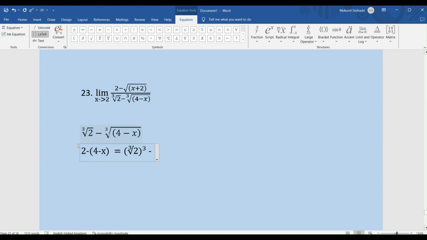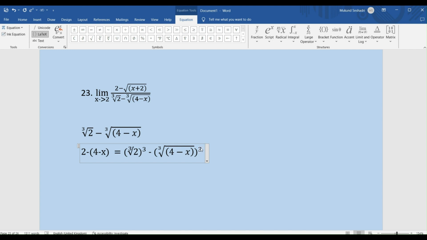And minus, I'm going to rewrite 4 minus x as cube root of 4 minus x, the whole cube, right? So all that I've done is write 2 as cube root of 2 the whole cube, write 4 minus x as cube root of 4 minus x the whole cube, right?